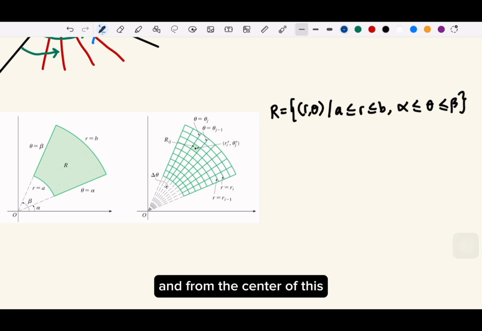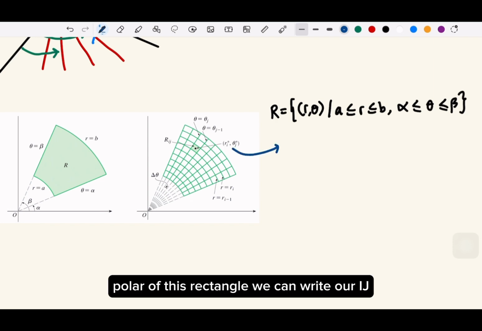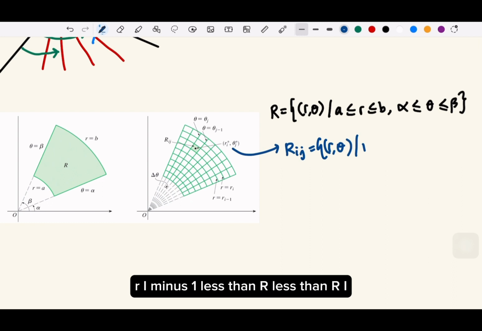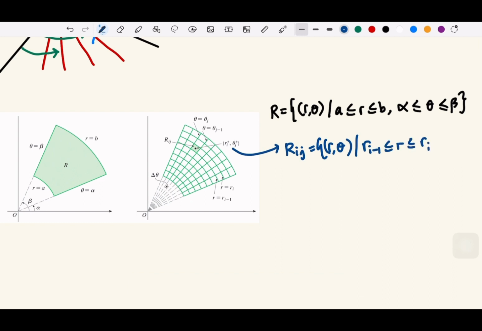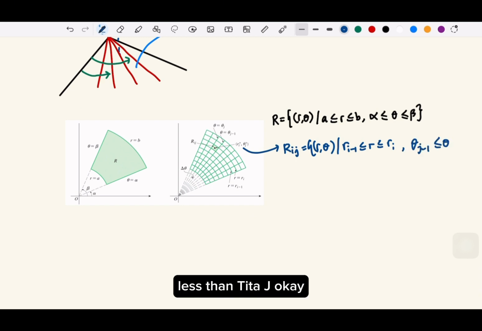And from the center of this polar rectangle, we can write rij: ri minus 1 less than r less than ri, and theta j minus 1 less than theta less than theta j. Okay.